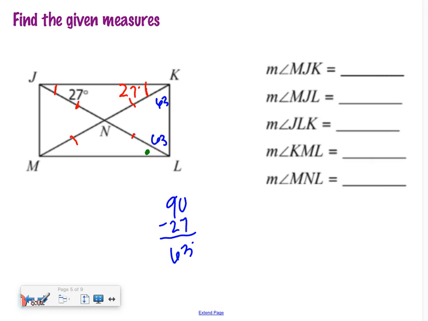Do I know what this angle is? 27. Alternate interior angles are congruent. Again, here's another isosceles triangle. So this guy's 27, and then 63, 63.